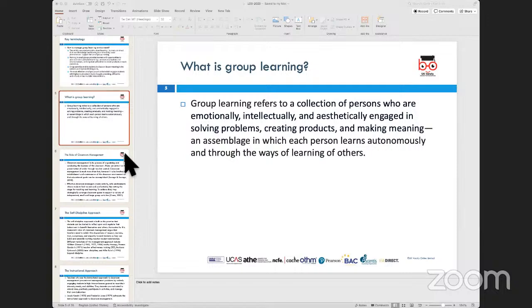For example, life skills they learn when going camping, like how to build a fire, how to remain safe during the night, or how to do certain activities when you have to venture out at night. These classroom based and outside classroom based activities depict what is called group learning.